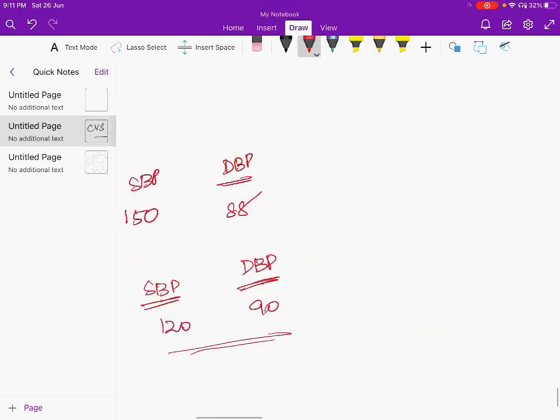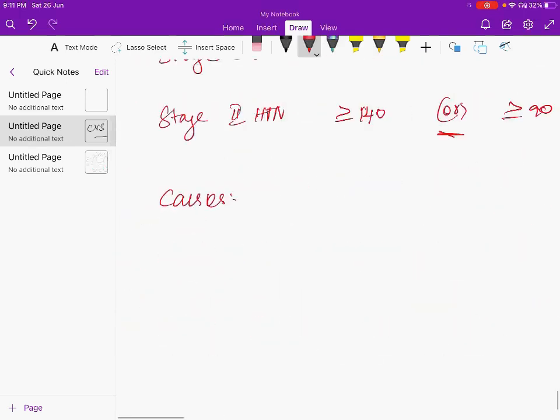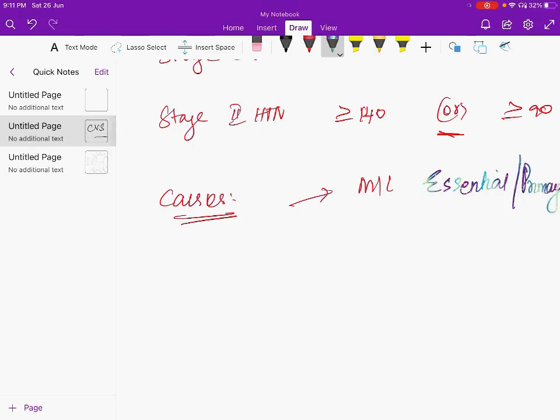So now, causes of hypertension. The most common cause of hypertension is idiopathic, also called essential or primary hypertension.